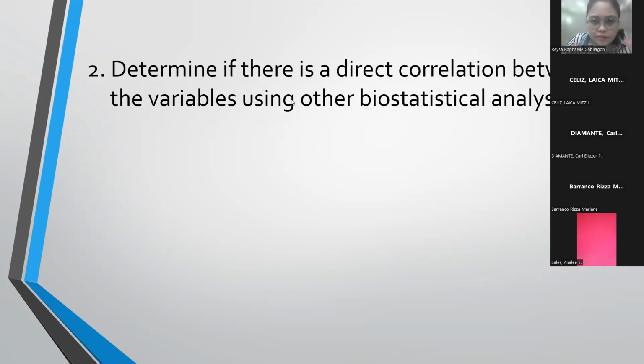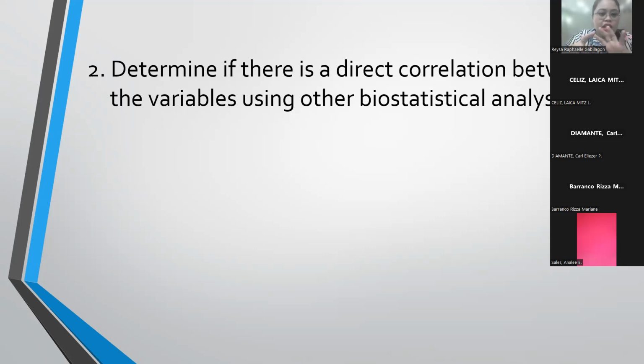Okay? Sige, so determine if there is a direct correlation between the variables using other biostatistical analysis. Actually, you cannot answer this without really doing the testing. So this question is actually an application of your statistics dati, no? I-apply nyo siya dito. Example, what variables do we have?